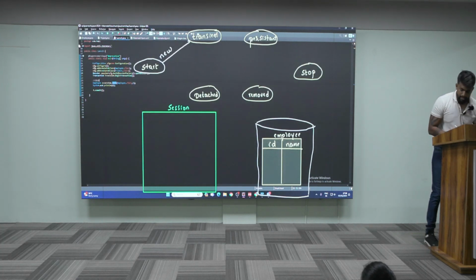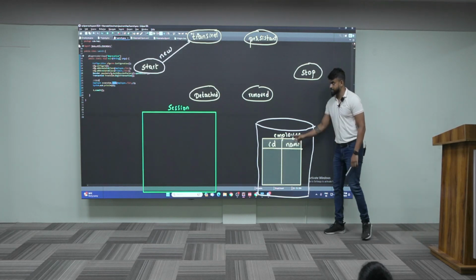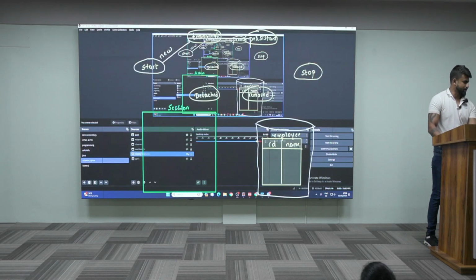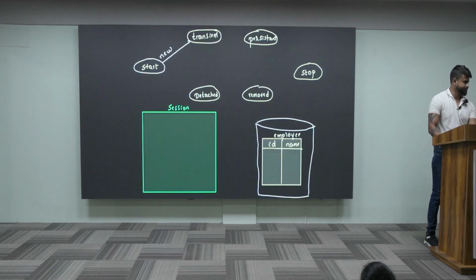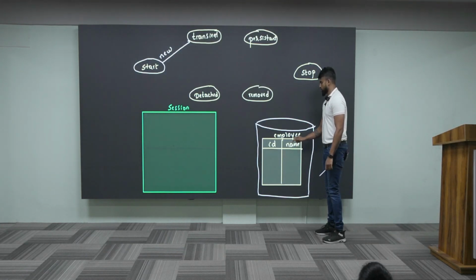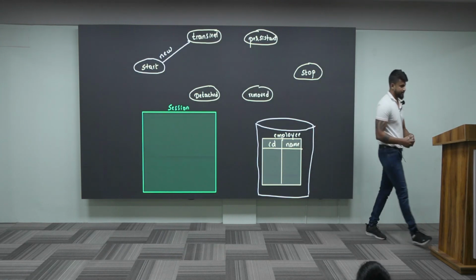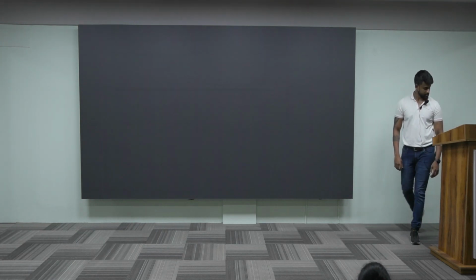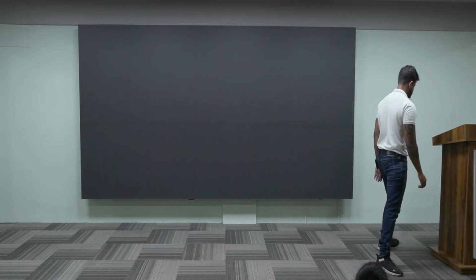Now I want to store some employee details. The question is, how can I do it? There is one class you have created, and the name of the class is Employee.